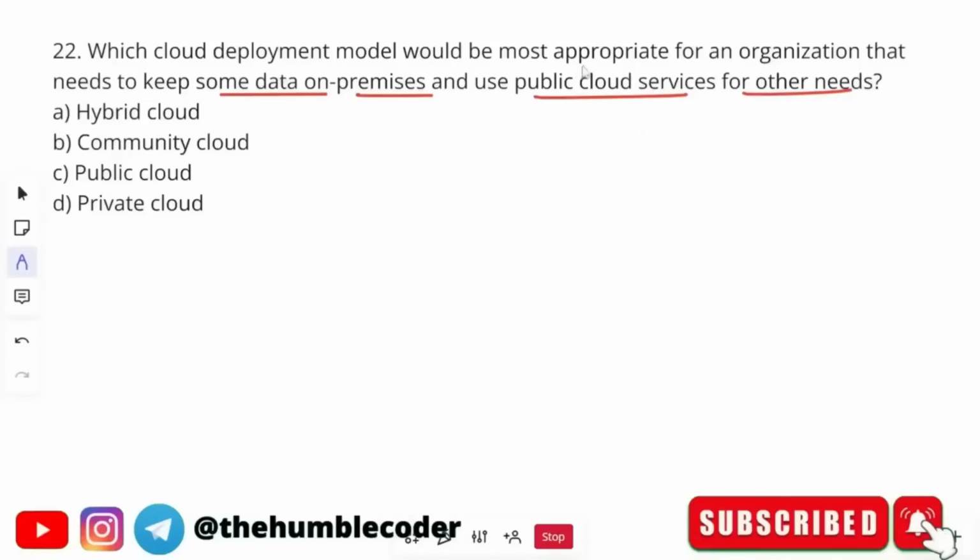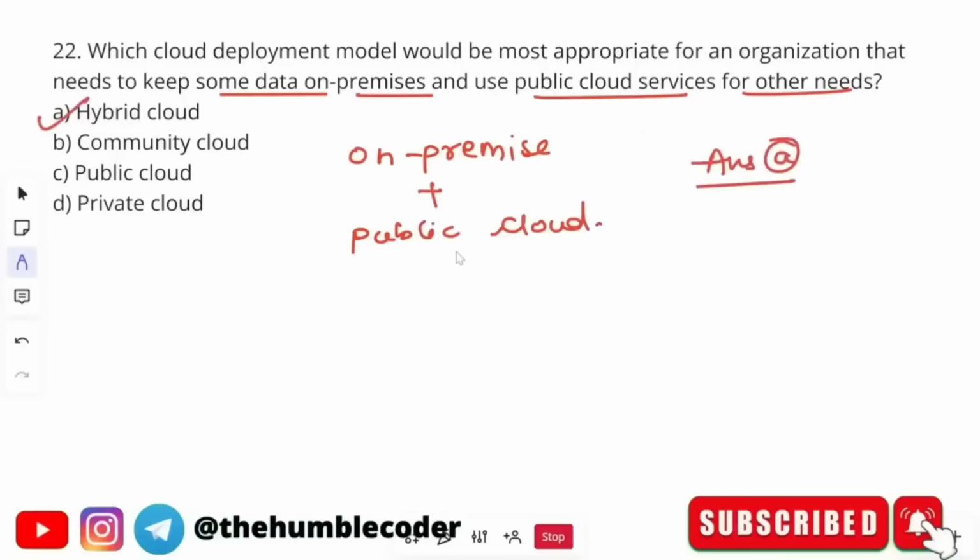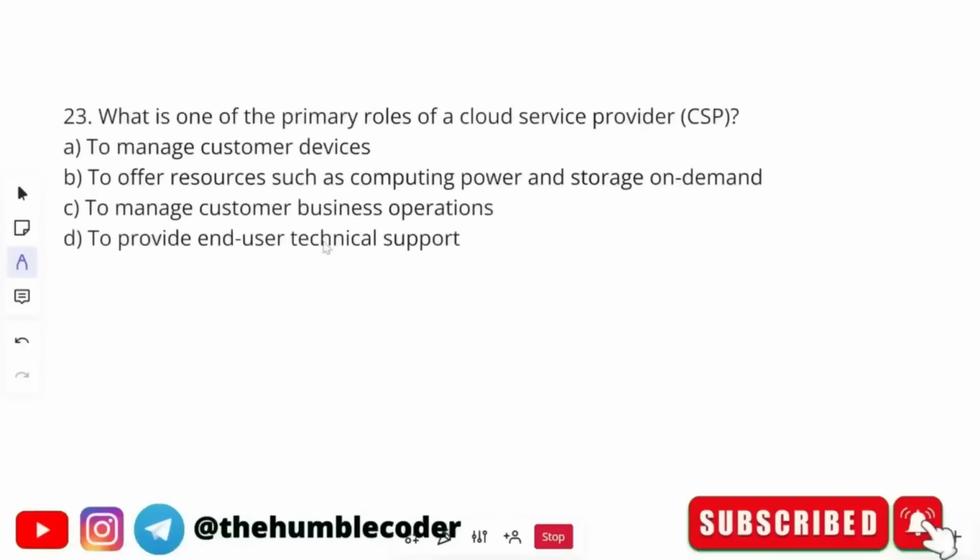They need to keep some data on premises and also use public cloud services for other needs. So they want both things, on premises and public cloud. When both are needed, we will select option A, which is hybrid cloud. So in this case the correct answer is going to be hybrid cloud. Moving on to the next question now.